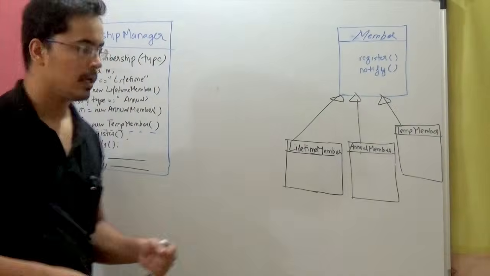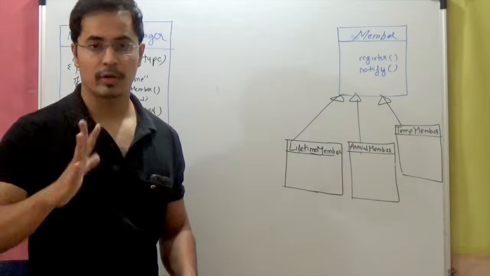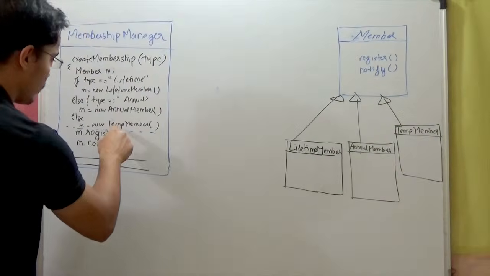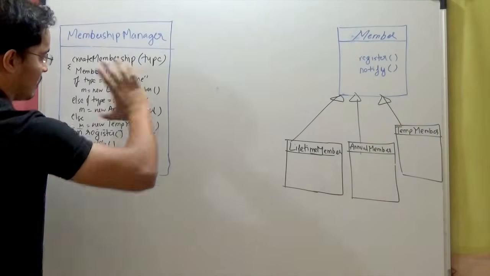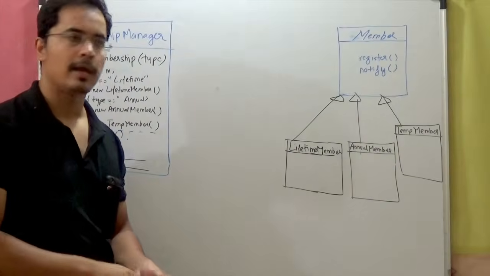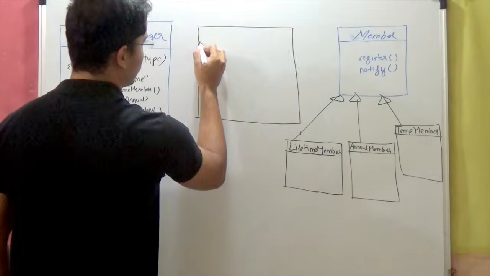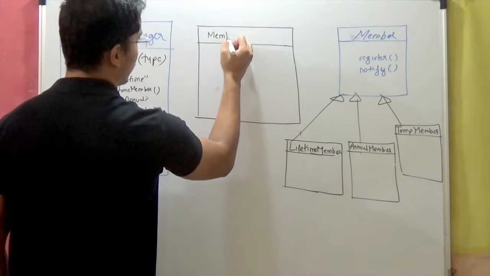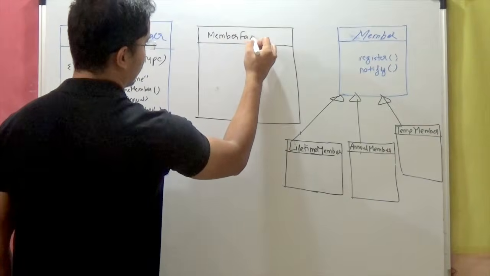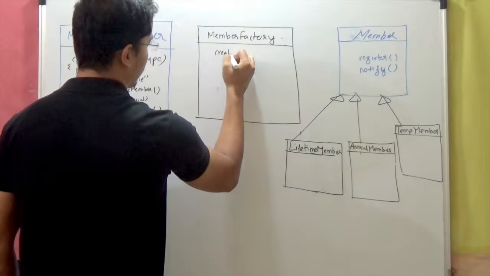They will remain constant. So what we are supposed to do by following object-oriented design principle is that we should take this out. The portion which is most likely to change, we will take out and encapsulate it. We'll create a class called member factory, and it will have one method called create member.